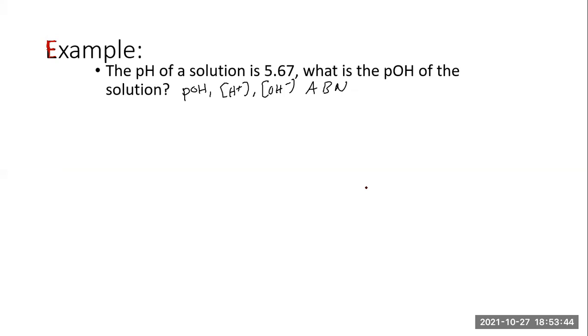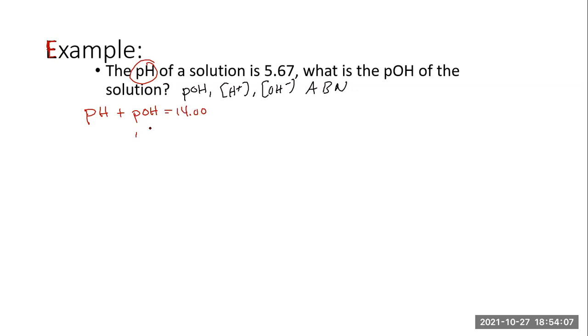Again, based on all those formulas we just saw and we've been using, you do have a variety of options. So to me, since we have the pH given to us, it would make sense perhaps to get to the pOH off of that. And again, that's using this relationship that the pH plus the pOH equals 14.